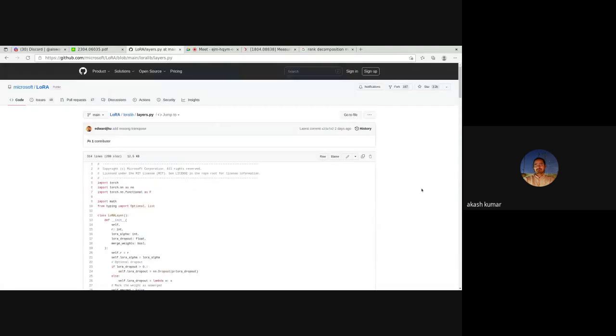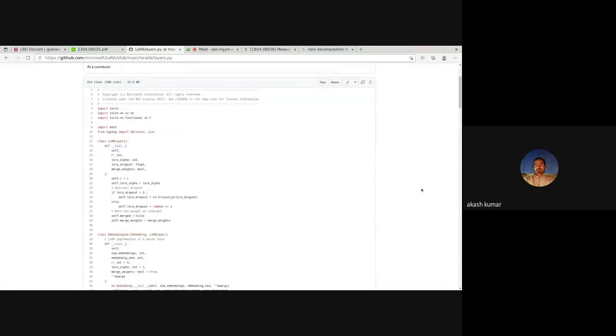So the most important part of this library is here in this file, where they are defining these LoRa classes. They have defined a base class called LoRa layer, which has the properties that are included for LoRa implementation, like the R dimension and the LoRa alpha. LoRa alpha here is a constant which they use for implementing a scale to reduce the values.